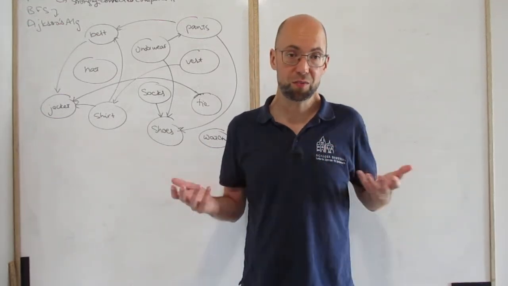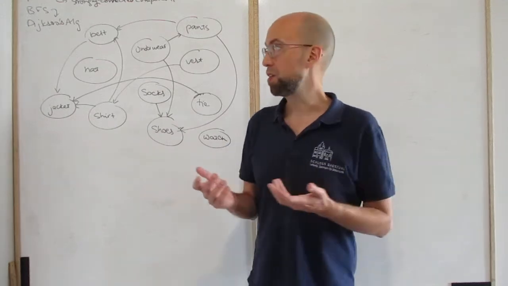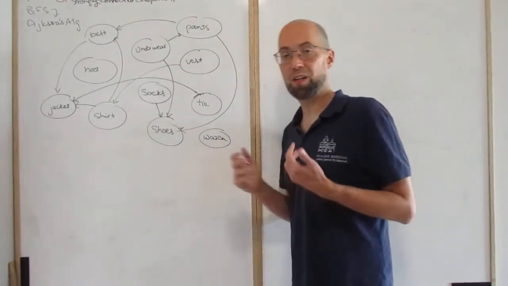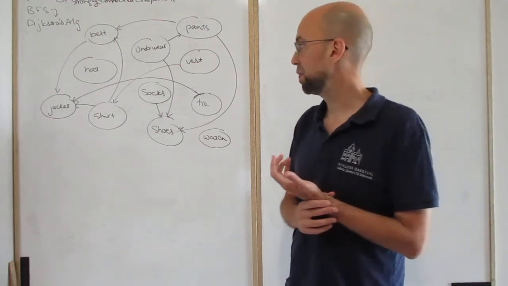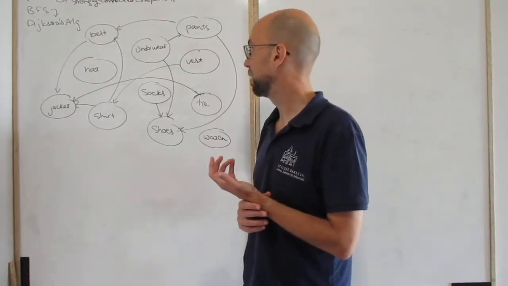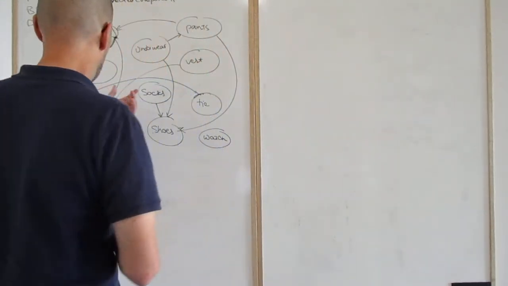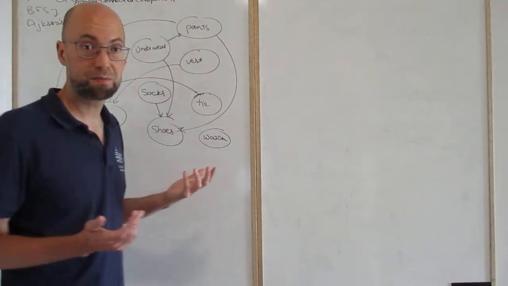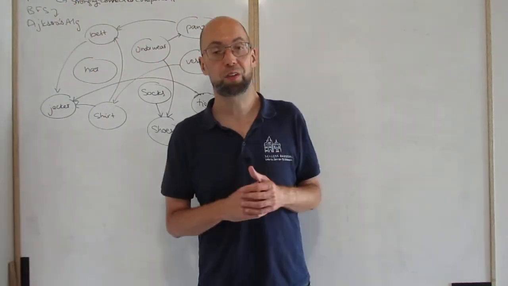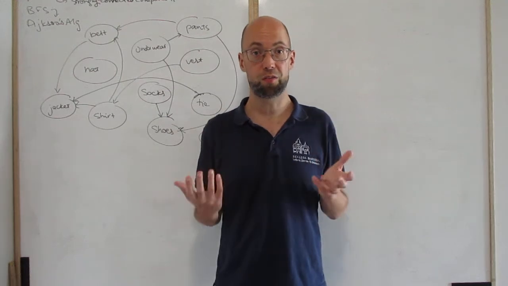Now, there can be several topological sorts because, for example, it doesn't matter when you put your watch on. It doesn't matter if you put your socks on before your shirt or your shirt on before your socks, okay? So there are lots of different topological orders. It just has to return one topological order.